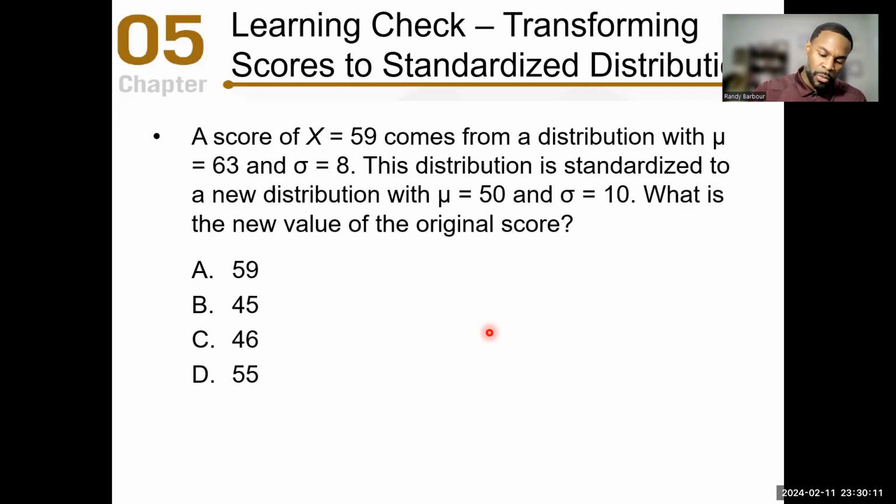Let's take it to the whiteboard. Your original score is x equals 59, and that comes from a distribution where the mean is 63 and the standard deviation is 8.